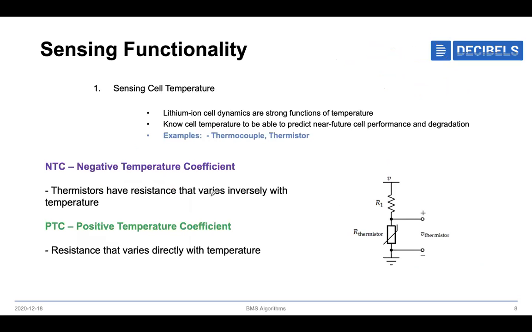One more thing is we have to develop some cell models for SOC estimation, for SOH estimation, or for cell balancing. We need cell dynamic models, which means how the cell is behaving with respect to different conditions. We can estimate these things by doing testing, but testing always depends on cost also, right?